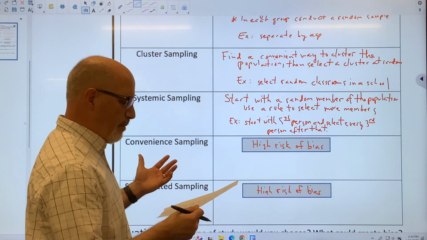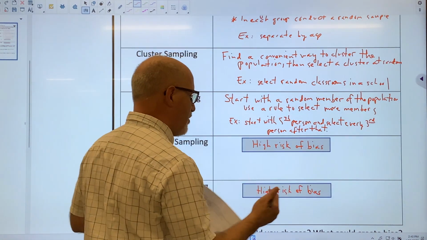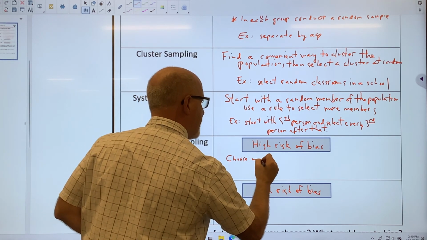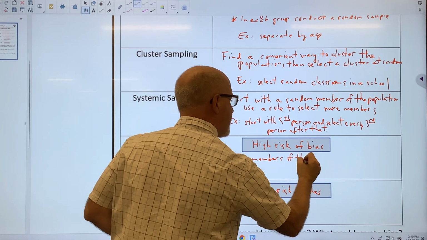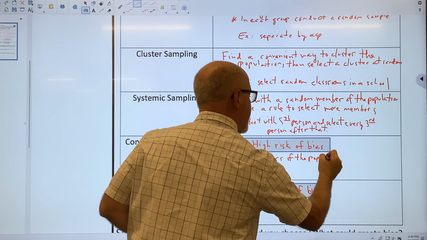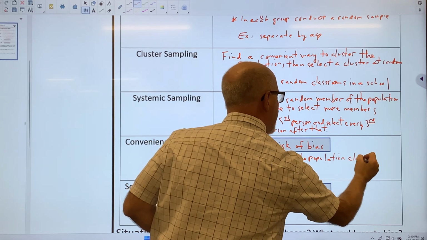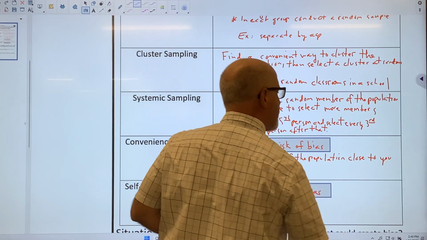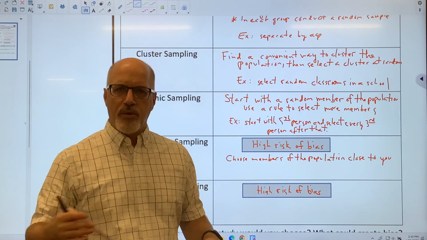So convenience sampling would be if you just choose members of the population that are close to you. Okay, so for instance, in close proximity might be, you might just say, okay, I'm going to go survey my neighbors, the people around me.